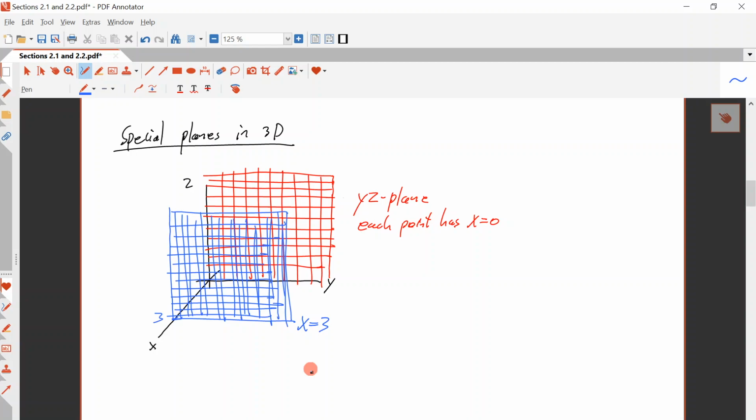So this is the plane x equal to 3. So x is equal to 3, and y and z are anything.